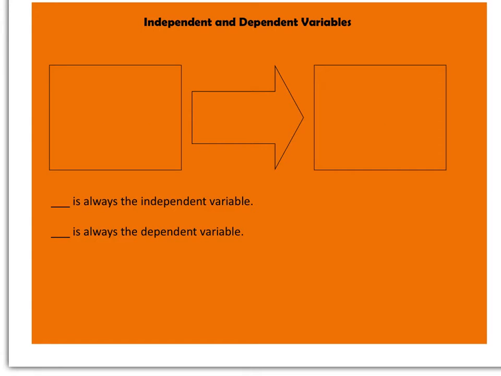So I want you to look at the graphic for your independent and dependent variables. And this graphic is going to help us explain the difference between the two, because this is a concept that you tend to get mixed up quite a bit.